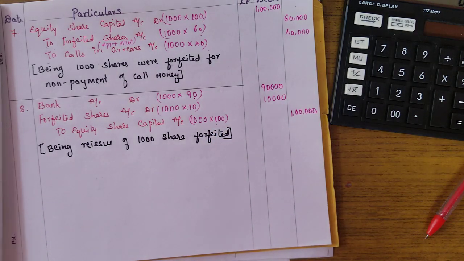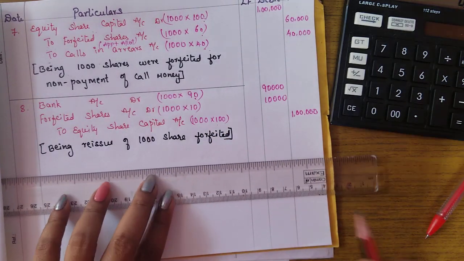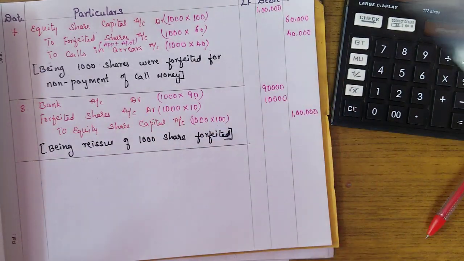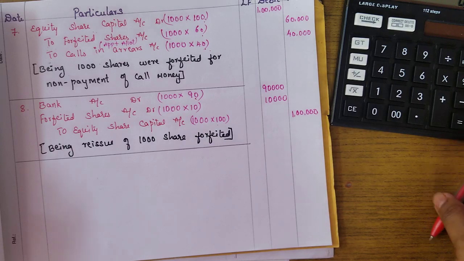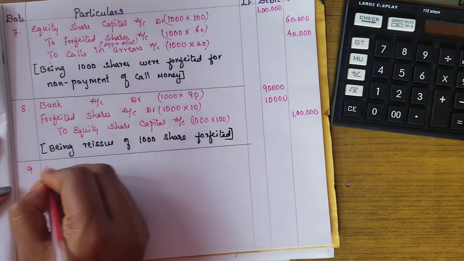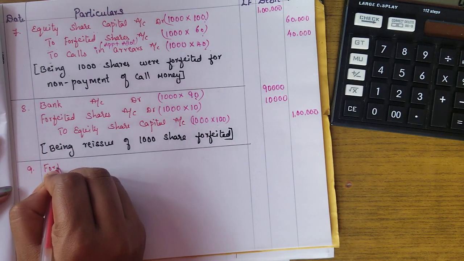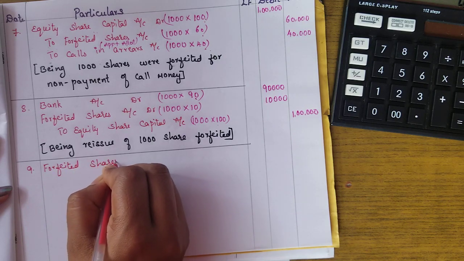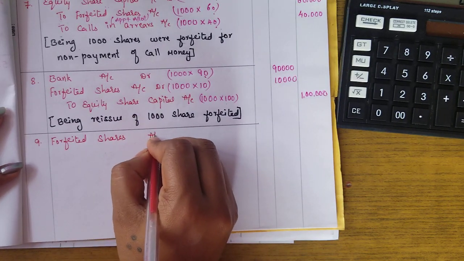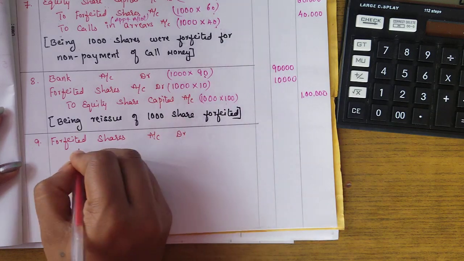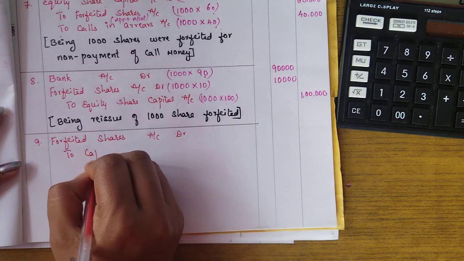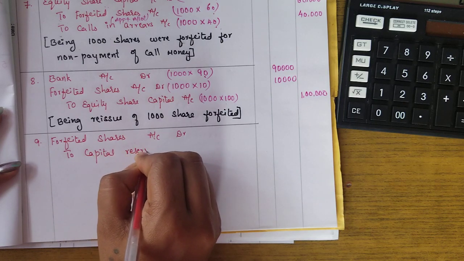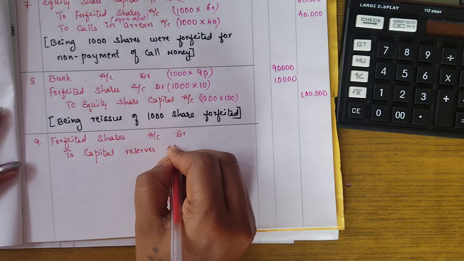Okay, the last entry, the forfeited amount we have transferred into the capital reserves. Forfeited shares account debit to capital reserves account.